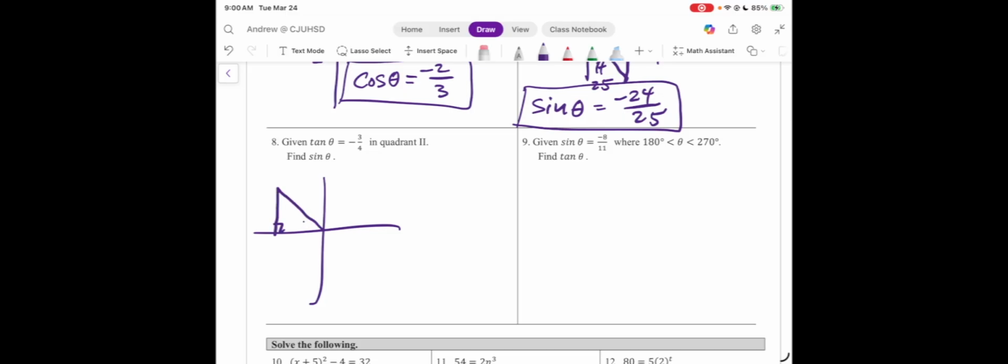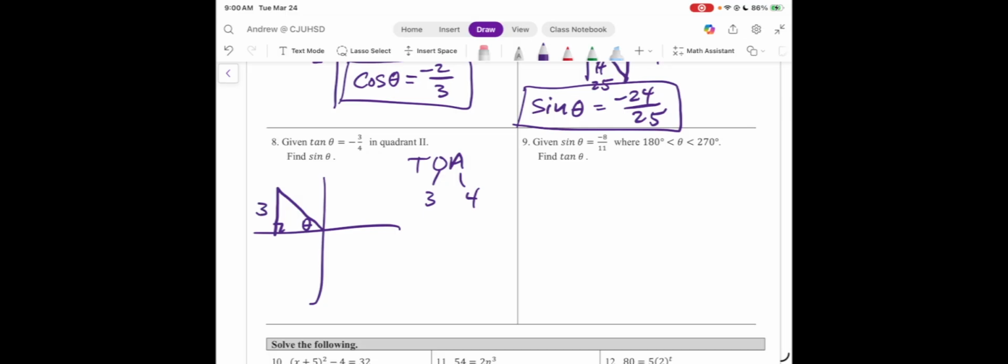Over here, here's the angle, reference angle. The tangent is negative 3/4. So tangent is opposite over adjacent. That means 3 is opposite, 4 is adjacent. I have to figure out where the negative is based on the diagram. So opposite 3, that would be positive 3 because that's up.